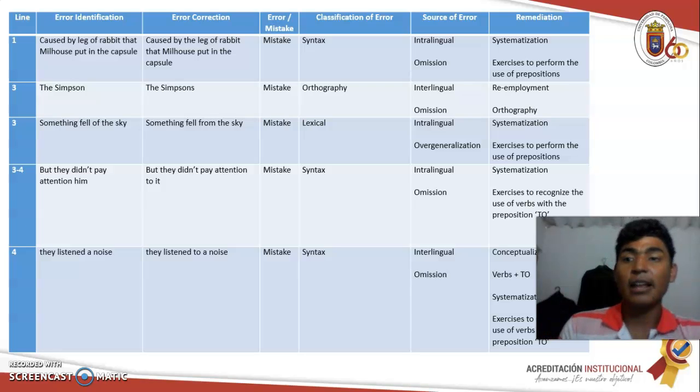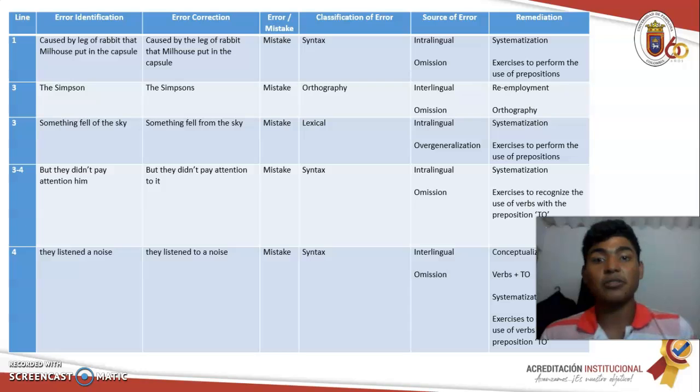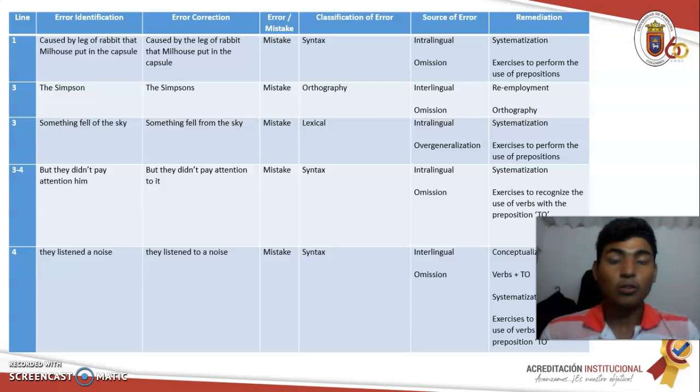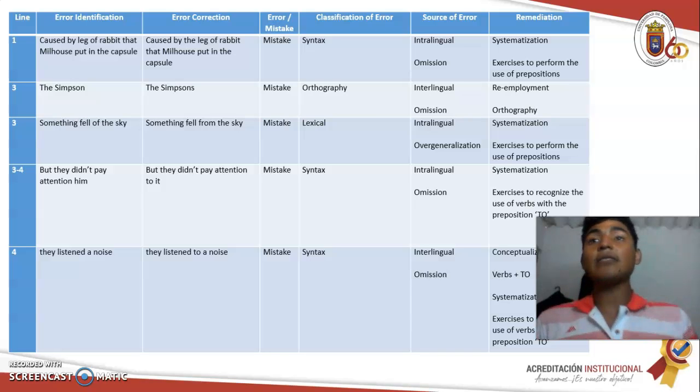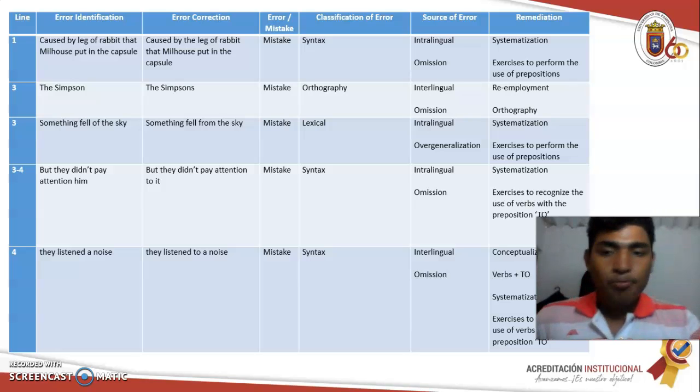Related to the syntax, there is the lack of prepositions such as "the" and "to". Also with the orthography related to the proper names. In this case, Simpsons. The student didn't take into account the S at the end of this proper name.